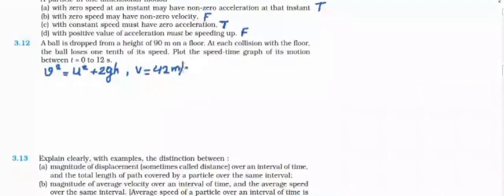Then with the velocity 42 meter per second, it hits the floor and it will lose 1/10 of its velocity. 1/10 means 10%. 10% of 42 is 4.2.